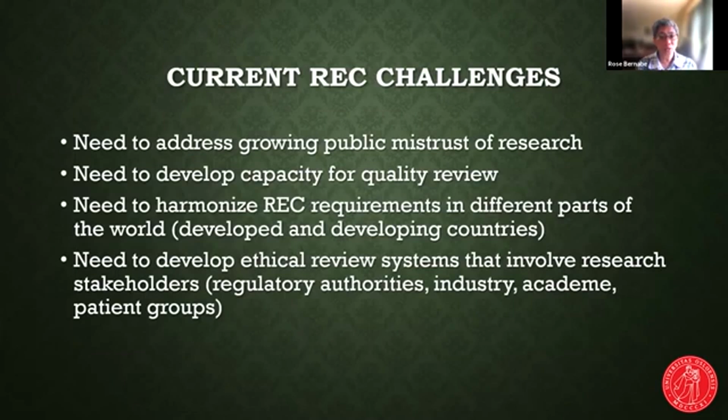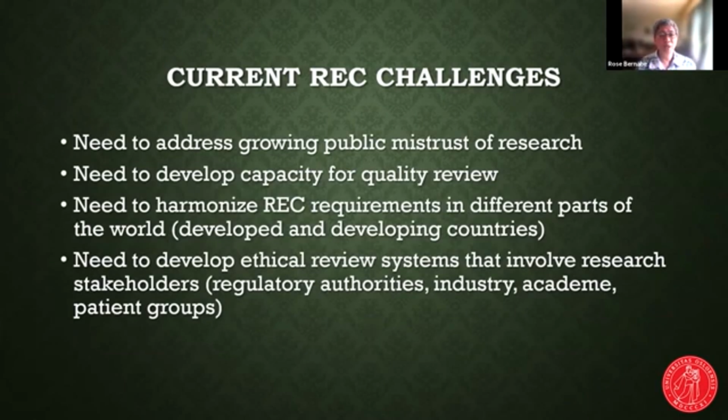Last thing we want to say would be just as a note of what the research ethics challenges are that we encounter. First is the need to address the growing public mistrust of research. And of course, an ethics committee would be an important element in that.